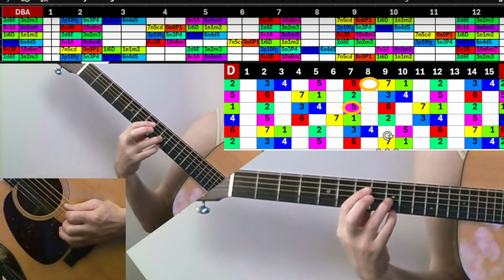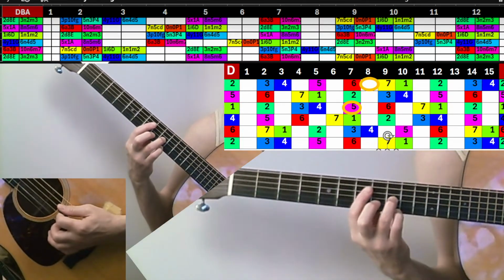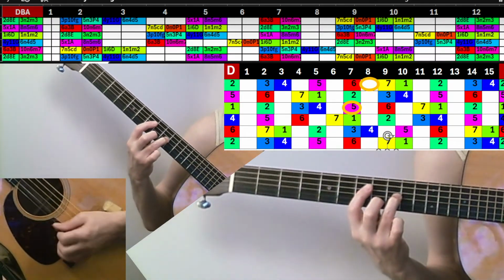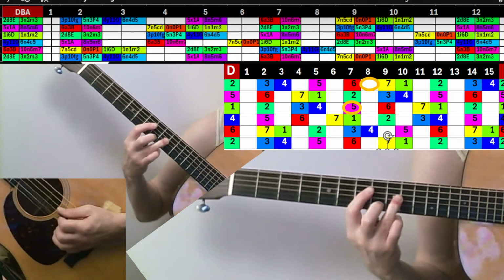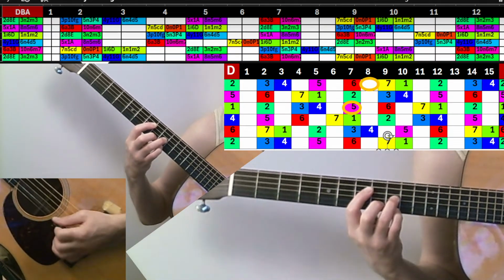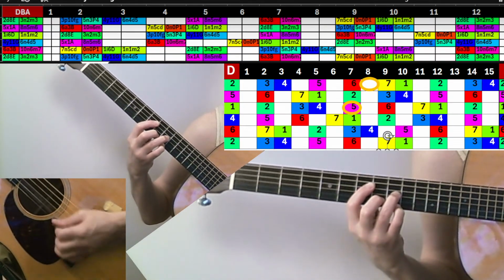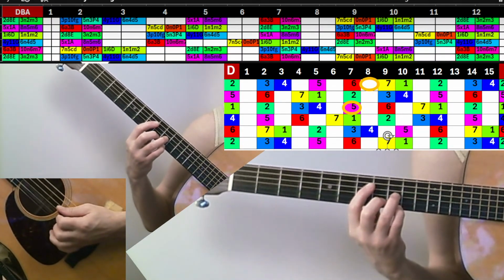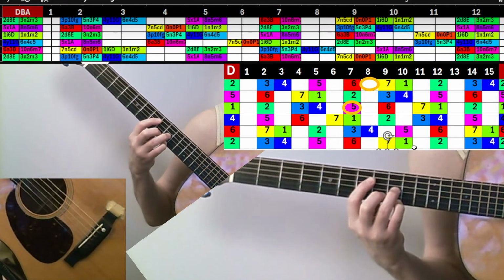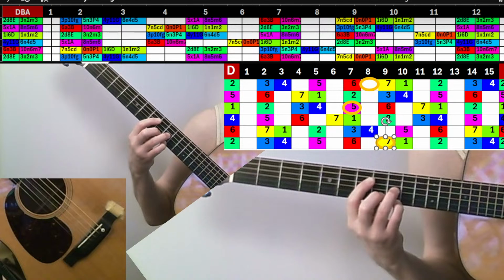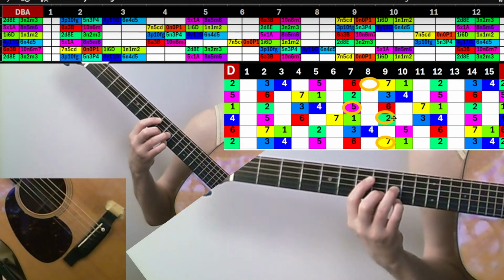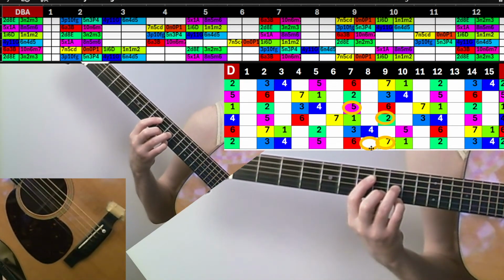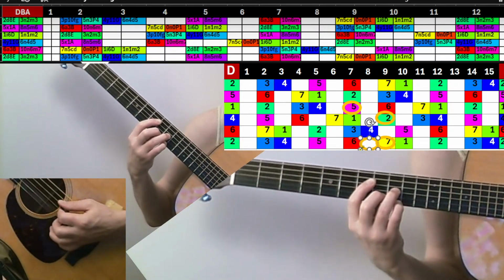I could do that down here too, but it's a little bit more difficult. Flattening the third is not too difficult. It would be here. It would be going back from here. And so then the third, if I want that third, would drop down to here.